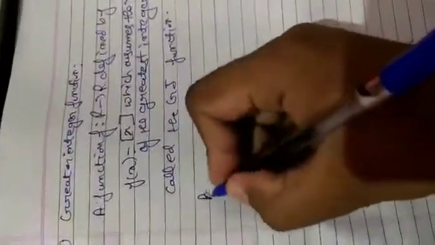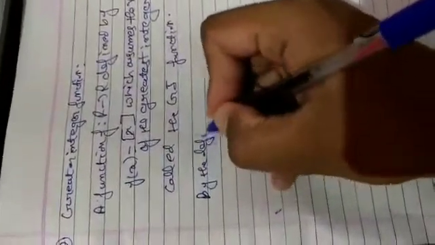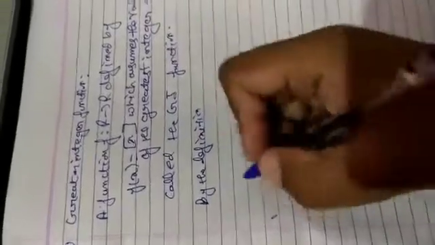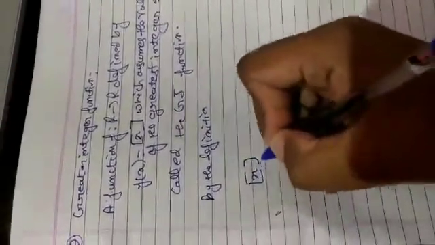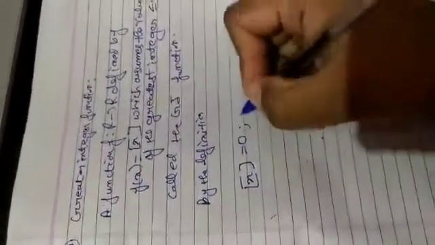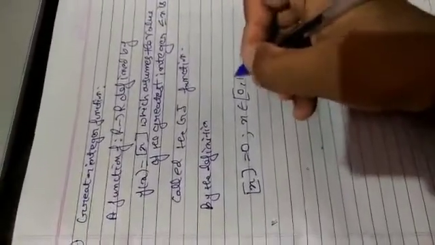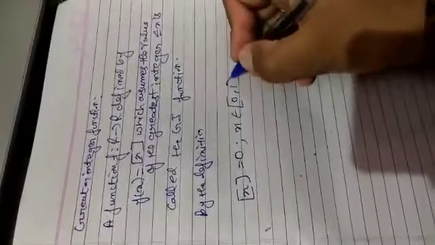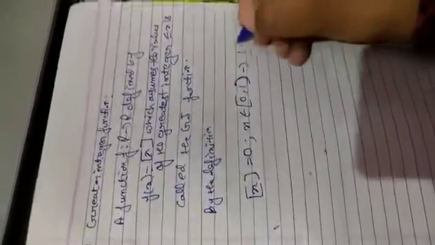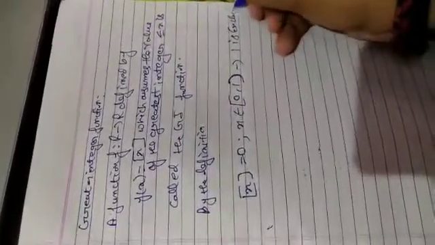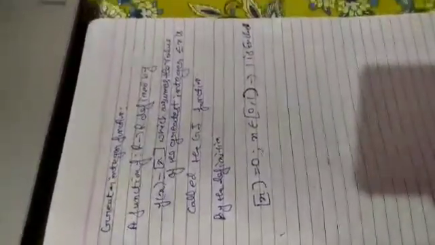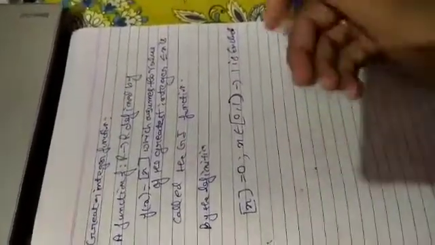Now by the definition, we can easily see that the greatest integer function is 0 when x belongs to [0, 1). When this type of bracket is used, it means 1 is excluded. Now if the greatest integer function is 1, then x belongs to [1, 2), where 2 is excluded. Similarly, if it is 2, then x belongs to [2, 3), where 3 is excluded.